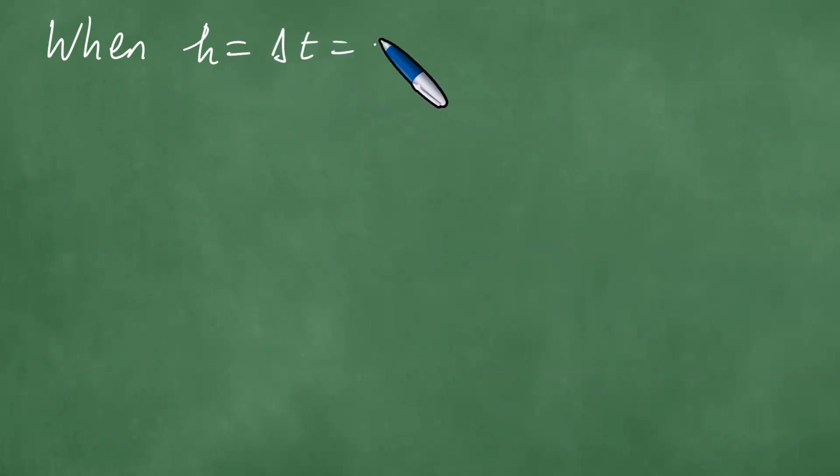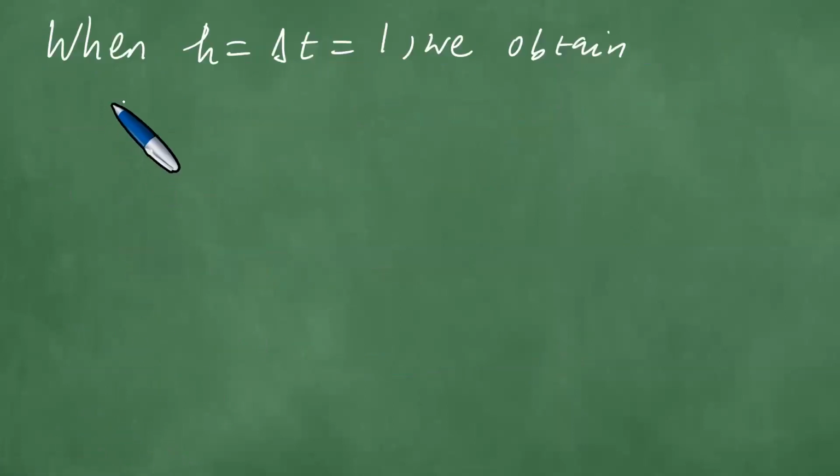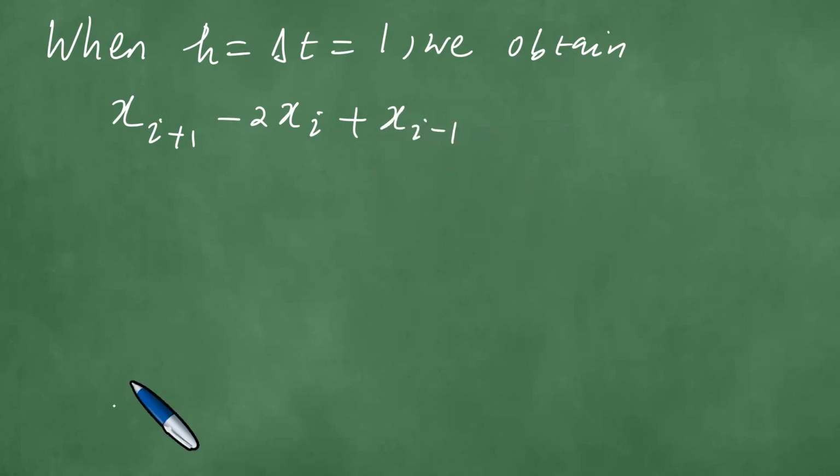When h, which is the change in t, equals 1 for this question, we just put 1 here, and it's going to be x sub i plus 1 minus twice x sub i plus x sub i minus 1 equals t sub i x sub i.